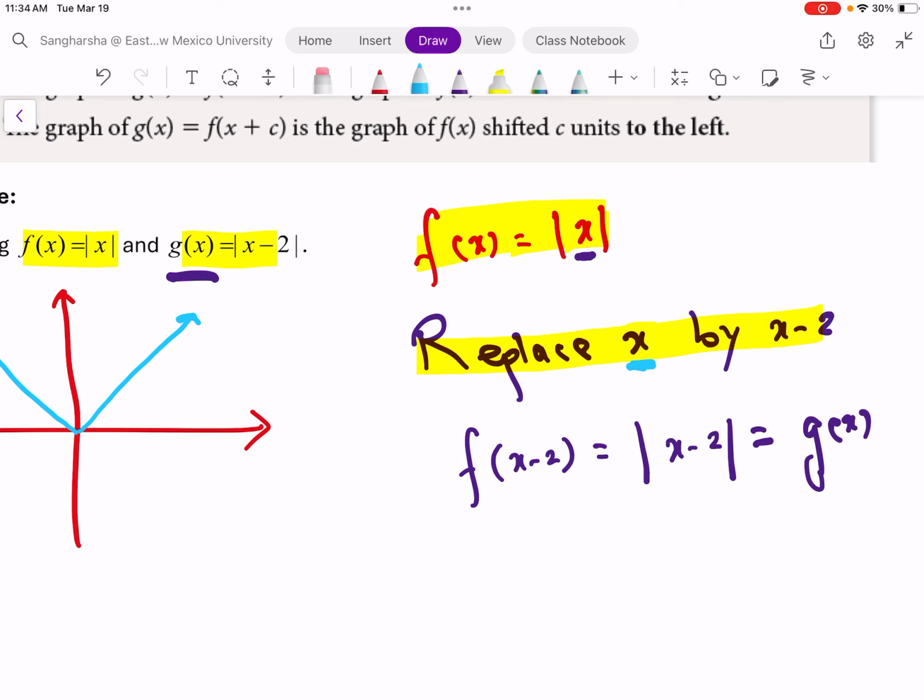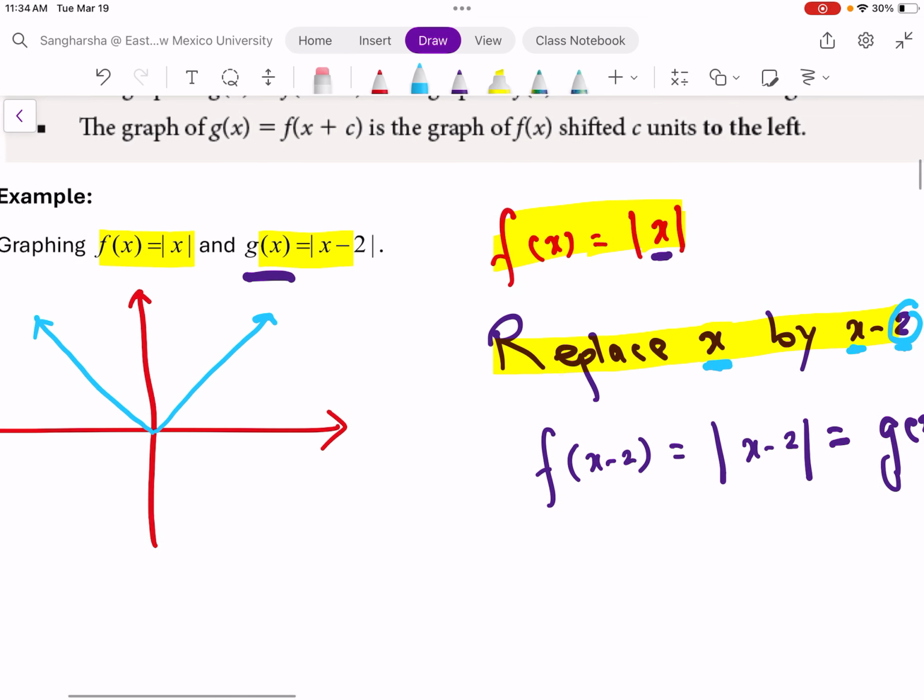Now here we are replacing x of a function by x minus some number. It can be x minus 3, x minus 4, x minus some number. If we replace x of a basic function by x minus some number, in this case x minus 2, then the graph is shifted horizontally right by 2 units.